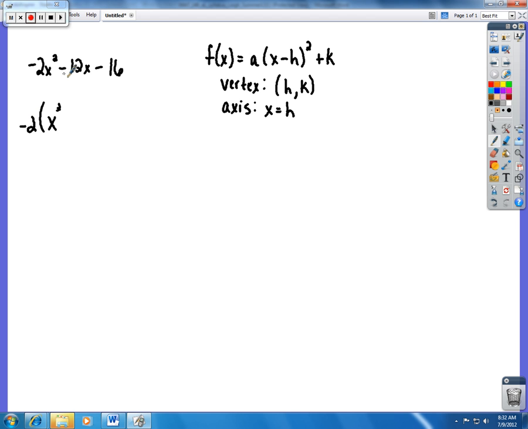Now I have to ask myself, negative 2 times what will give me negative 12x? Negative 2 times positive 6 gives me negative 12. So I've got x squared plus 6x here, and I'm leaving my negative 16 off to the side.